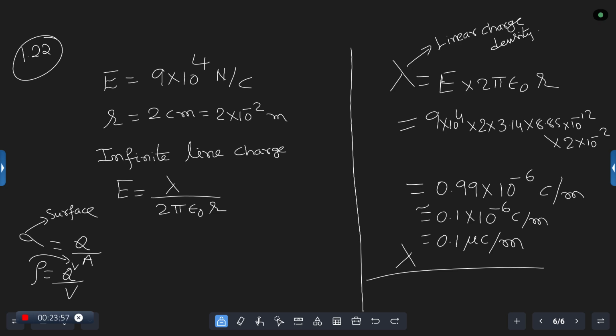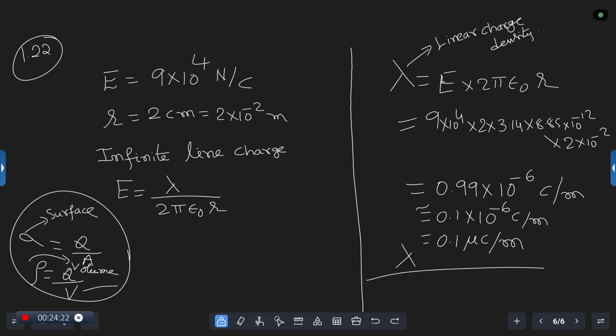This is the volume charge density. We can use it in some other problems. Linear charge density, surface charge density and volume charge density. Okay, concentrate.